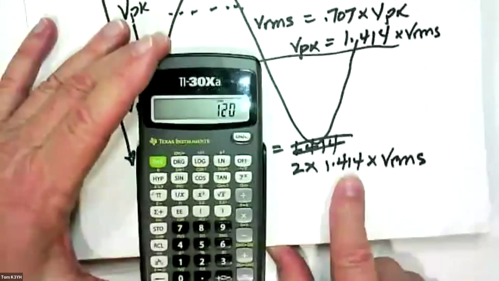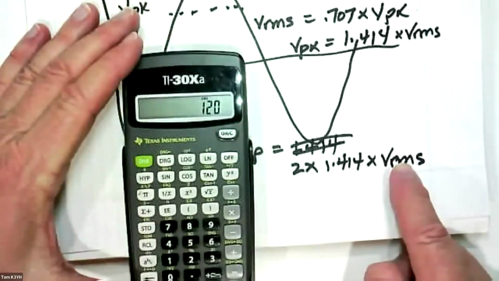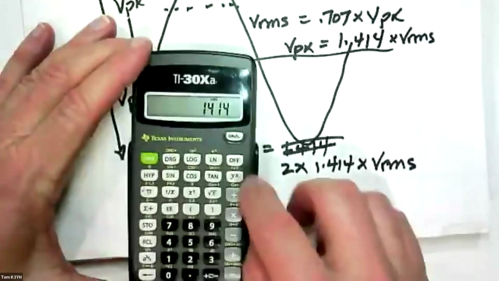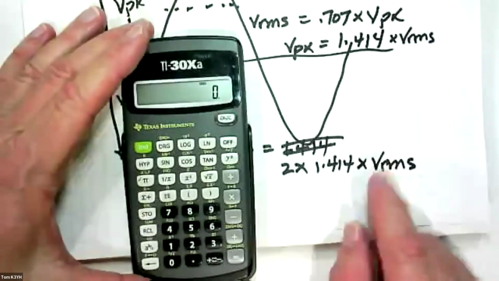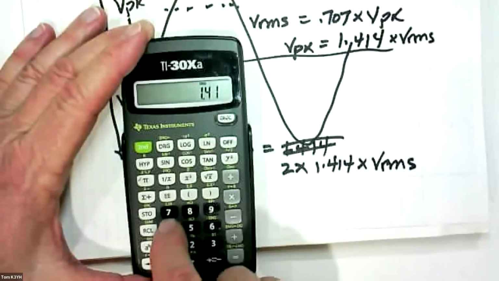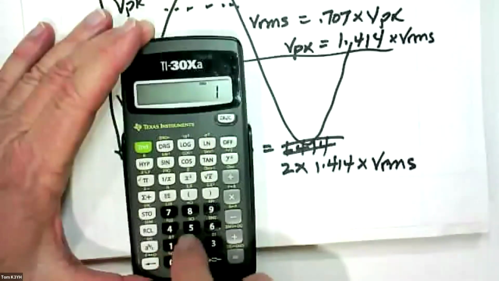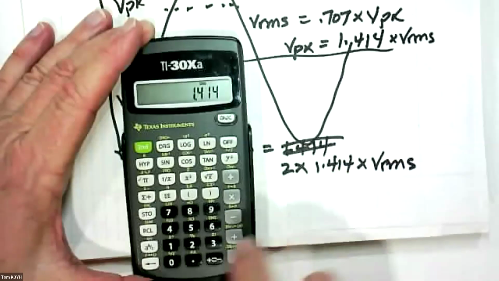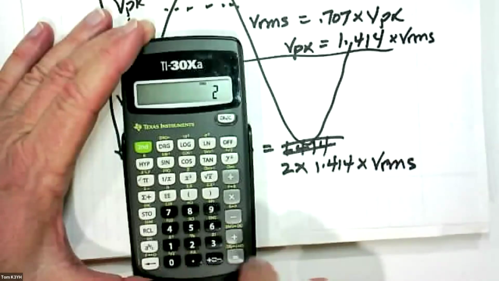So I take 120, which is VRMS, I'm going to work backwards here, times 1.414, that's this, times 2, that's this.